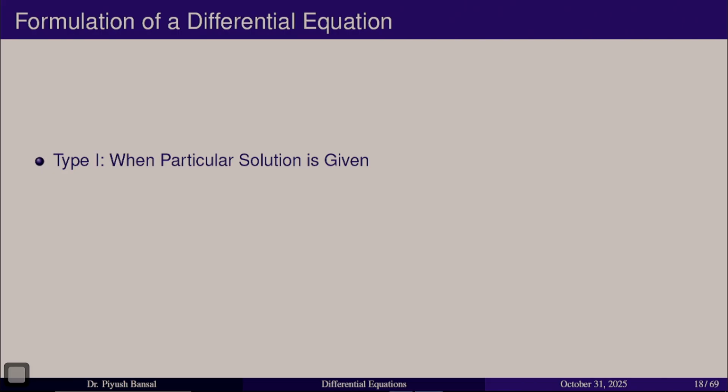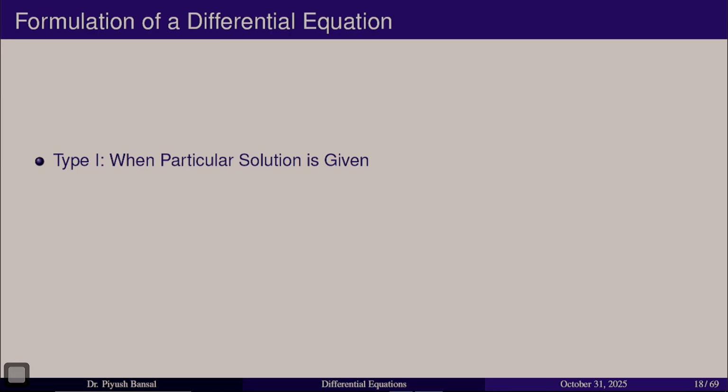Now, formulation of a differential equation. Here, some curve or some function is given to you. Now, what you want to do is find the differential equation which has that solution curve. As per your syllabus, we will look at 3 types.